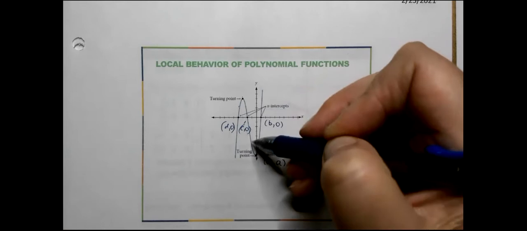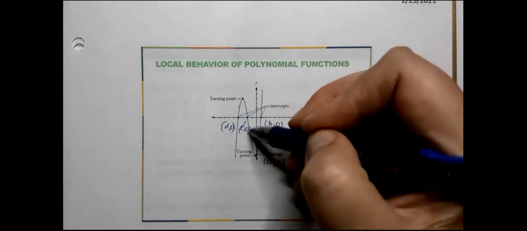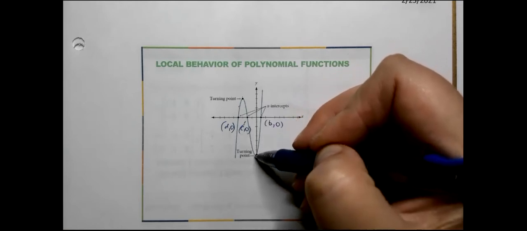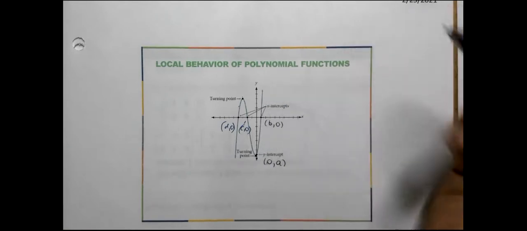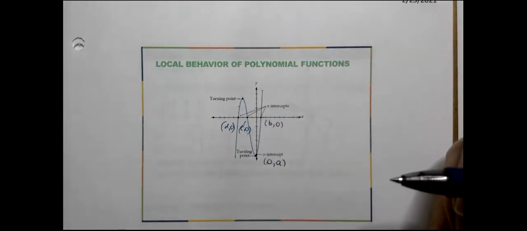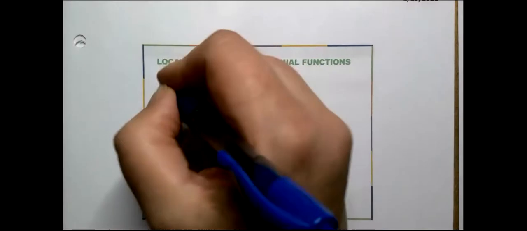So the increasing interval is turning into a decreasing interval. And at the local minimum, or another turning point, the opposite thing happens. The graph was decreasing up to this point, and then it started increasing again. So these points are called turning points, or in calculus, you're going to call them local minimum, local maximum.